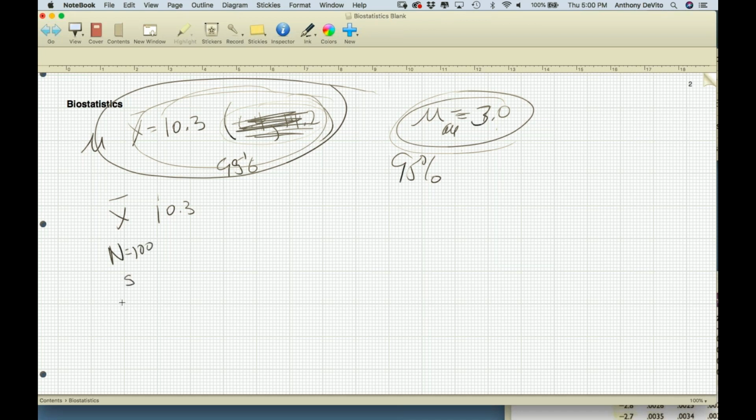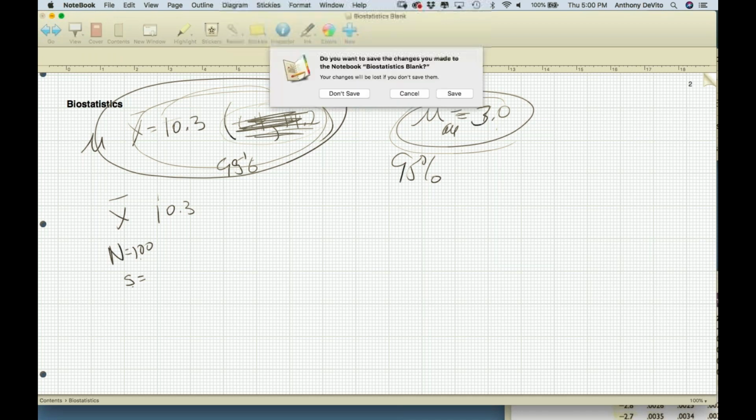It's going to be 10 divided by... I want to get a range of plus or minus... It's going to be tough for me to get that range here. These numbers are so small that I'm going to use some other numbers so I can work with whole numbers rather than very tiny numbers.